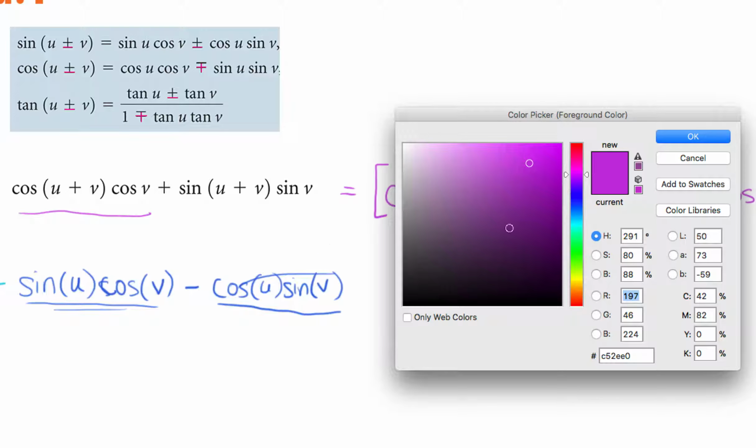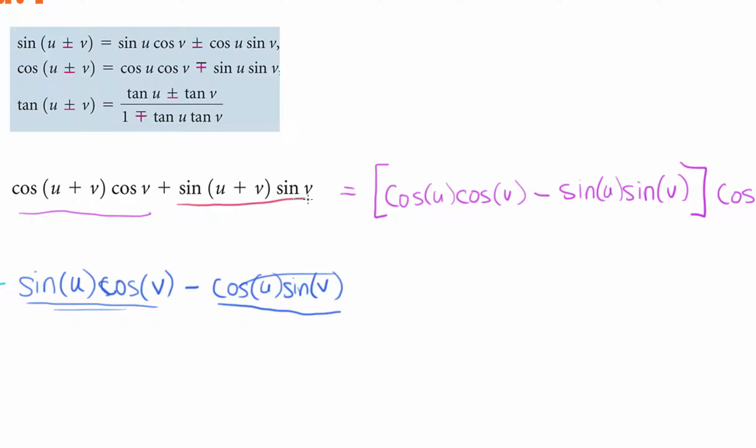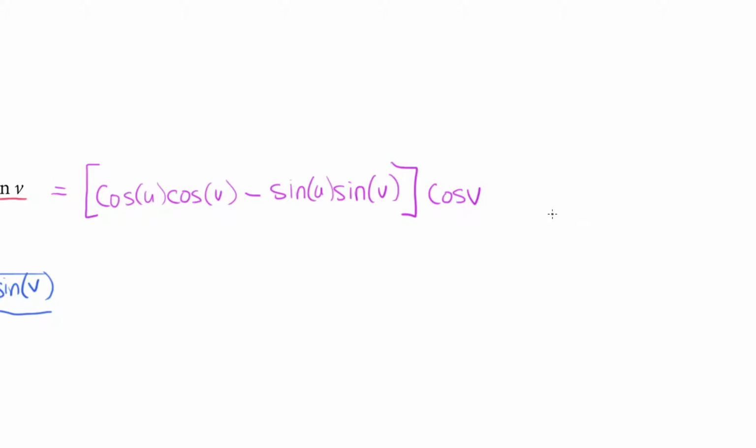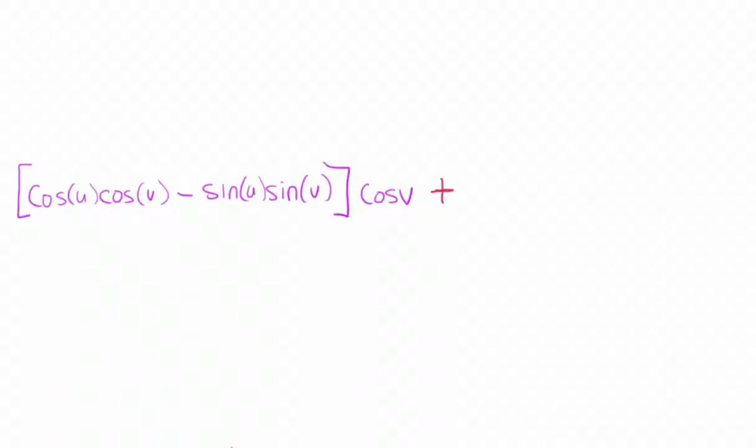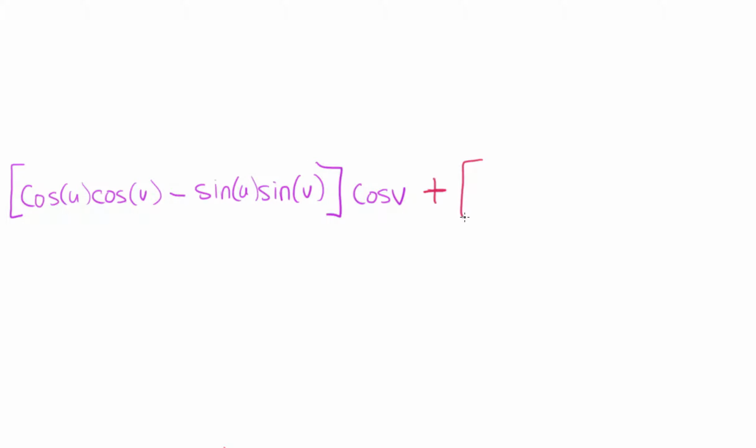Now, the second part, this one. Let's put a plus in the middle, which corresponds to this plus. I know I'm moving back and forth, but it's to help you. Now, sine of u plus v, as you might expect, I'm going to put a bracket.